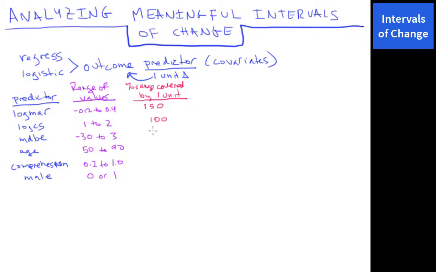Here it'll be precisely 100%. Here you're talking about 3%, 2.5%, again greater than 100%, and again 100%. Well, what is a better unit of change to assess? And how are we going to decide that, rather than simply 1 unit of that raw predictor value?